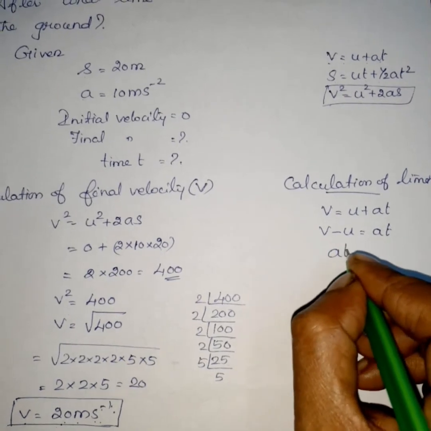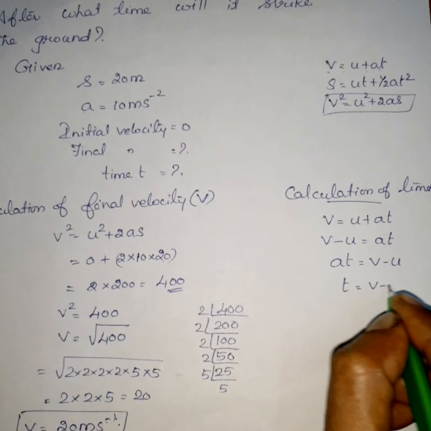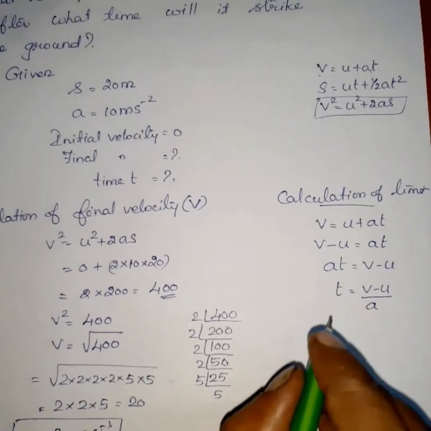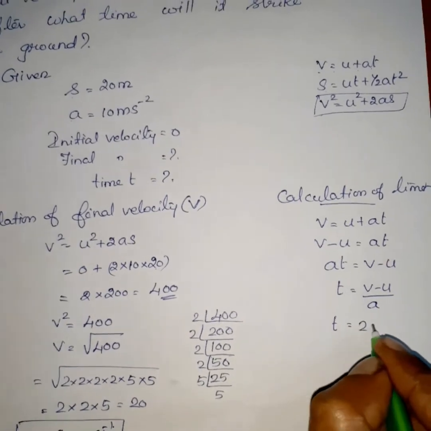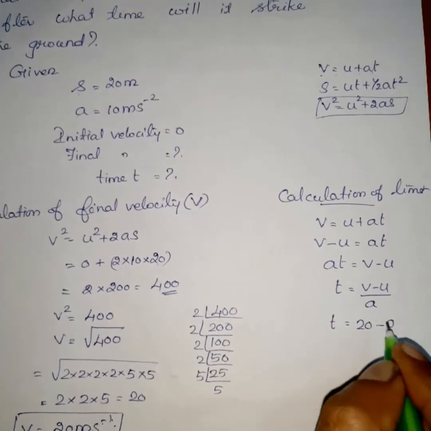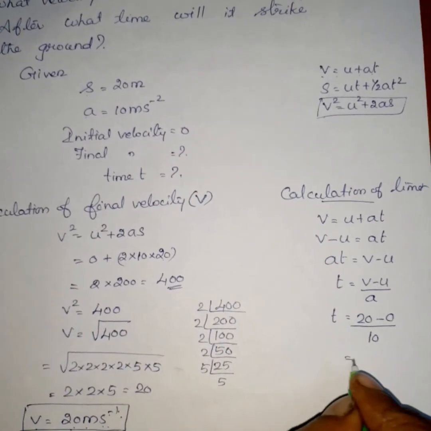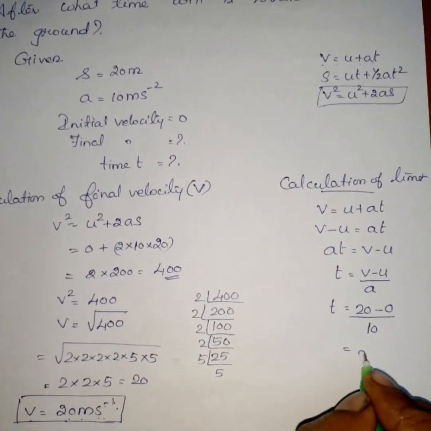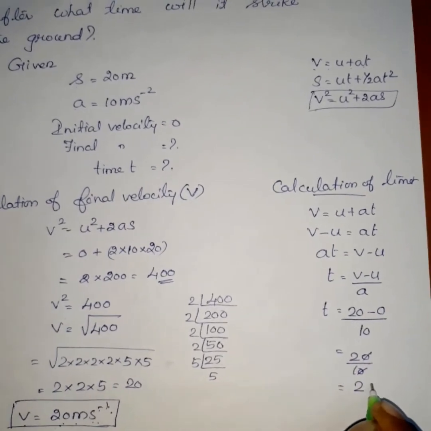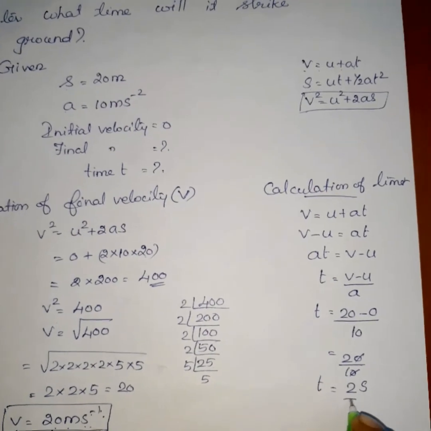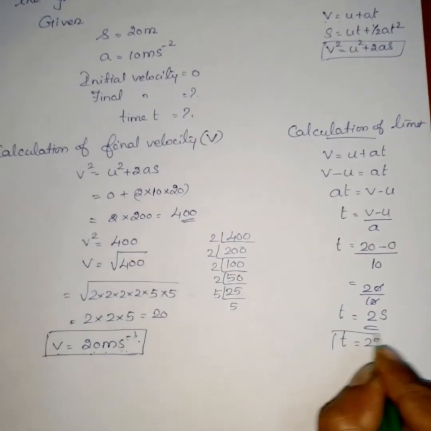So at is equal to v minus u. t is equal to v minus u by a. So t is equal to final velocity 20 minus initial velocity 0, divided by a value 10. So 20 minus 0 is equal to 20 divided by 10. Cancel the zero, 2 seconds. Time is 2 seconds. t is equal to 2 seconds.